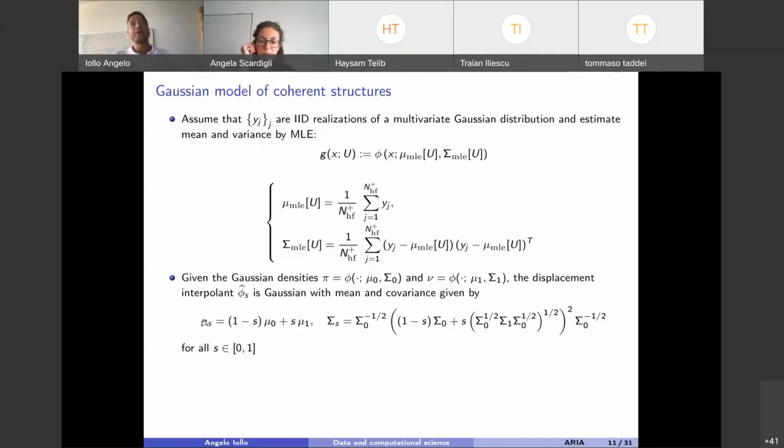So the mapping will be given by a combination of the two averages, a convex combination of the expected values mu0 and mu1, and you have the covariance matrix, which is expressed the way you look here.